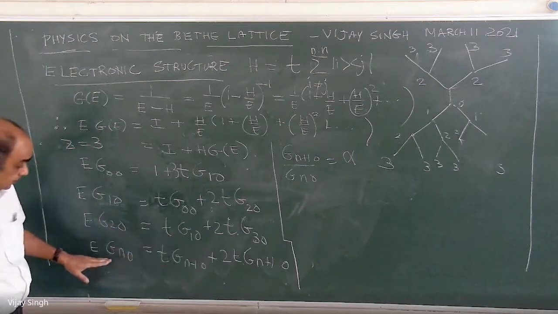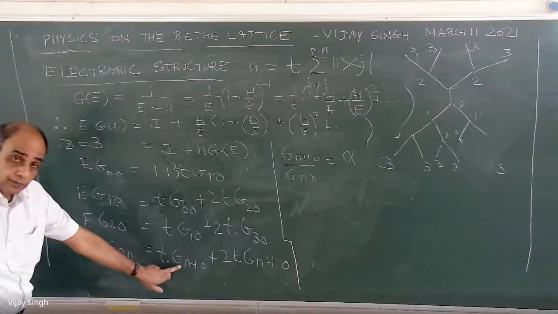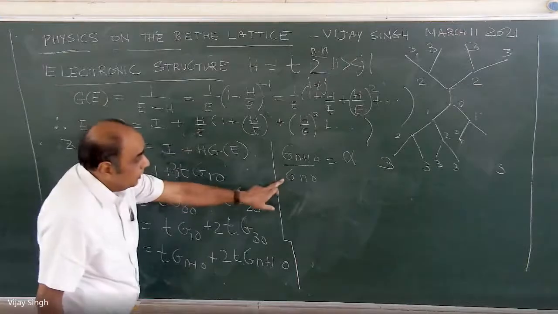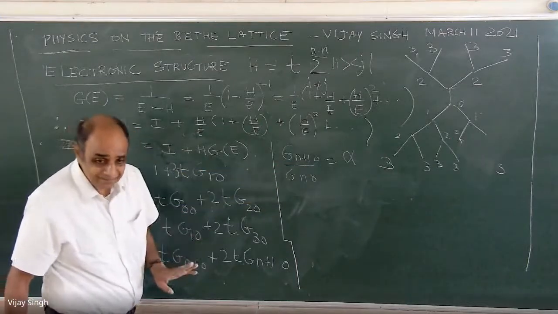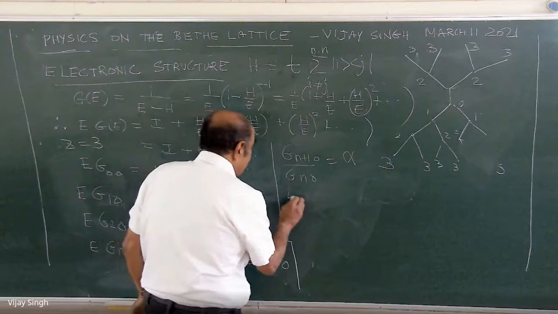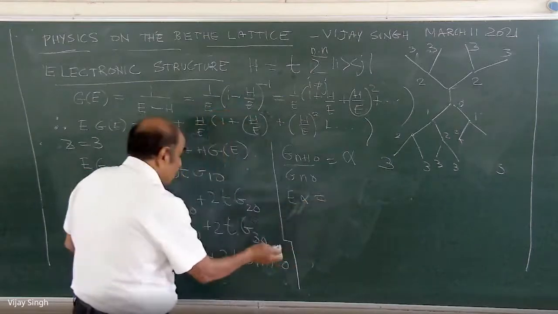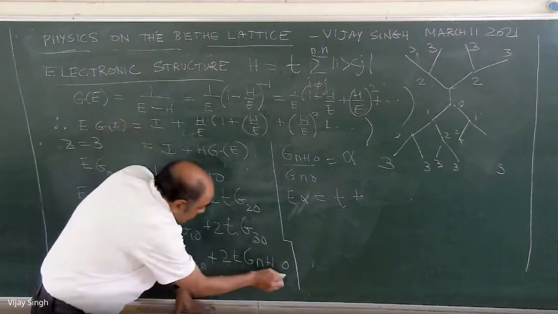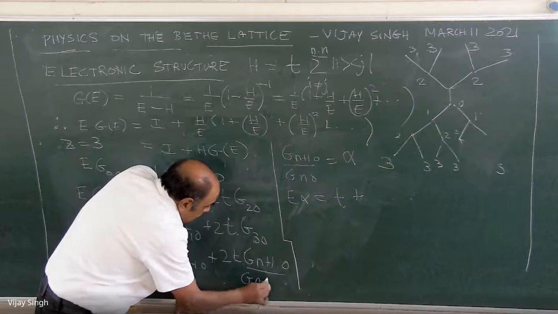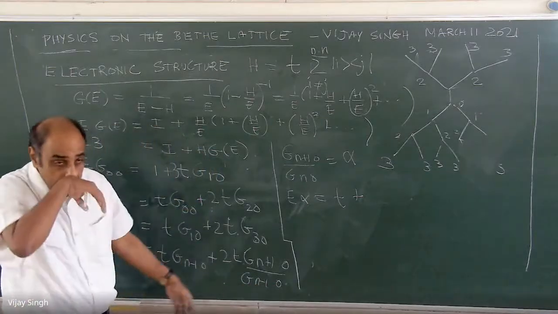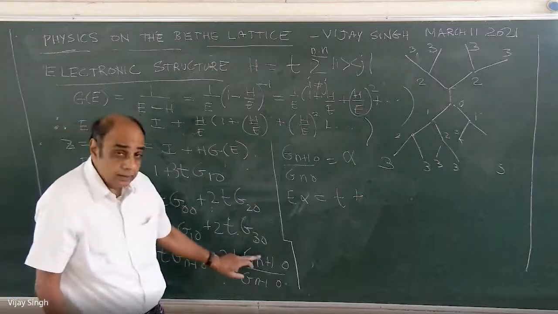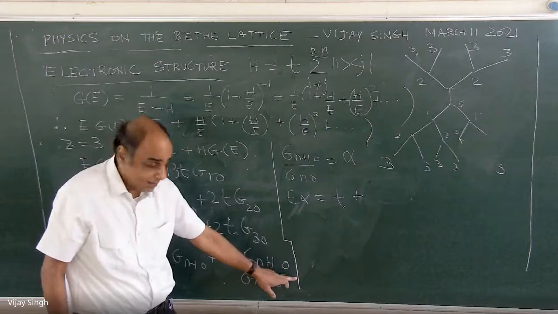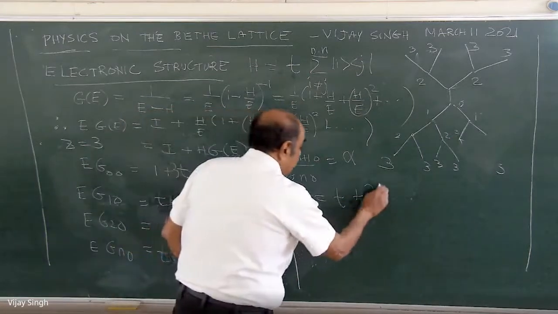What will it become? Supposing I divide by G n minus 1 0 over here. So G n 0 by G n minus 1 0 would be equal to alpha. So you get E alpha. Here you get T, plus over here you have 2T divided by G n minus 1 0, since I'm dividing throughout by G n minus 1 0. So I can certainly write it as n plus 1 by n into n by n minus 1. So I simply get 2T alpha squared.